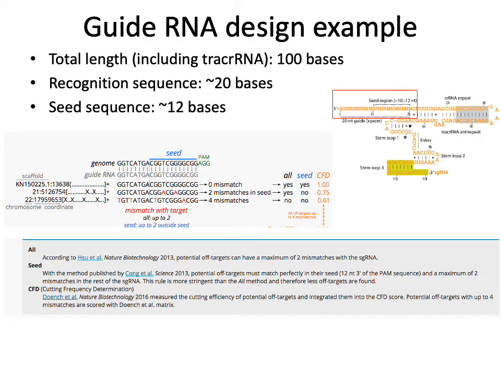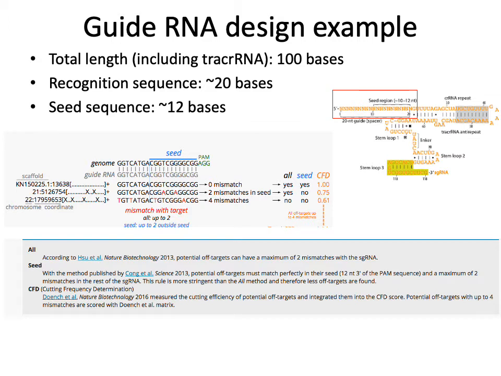And here's an example of some software that you can use to help you design good guide RNAs. Something to keep in mind is that the total length of your guide RNA, which includes the tracer RNA, is about 100 bases. The actual recognition sequence that you're designing to be complementary to your target sequence is about 20 bases.